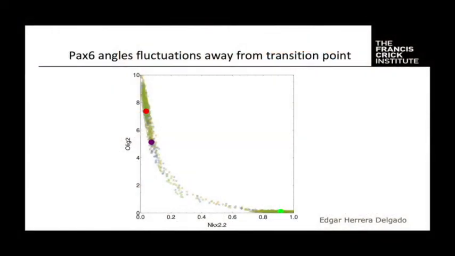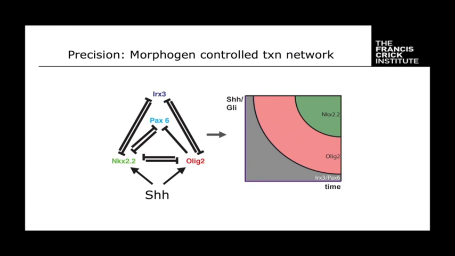So this suggests an explanation for how this regulatory structure is increasing the precision of the boundary. The structure of the noise, particularly in the PAX6 dimension, is decreasing the probability of noise resulting in a spontaneous transition from OLIG2 to NKX2-2.